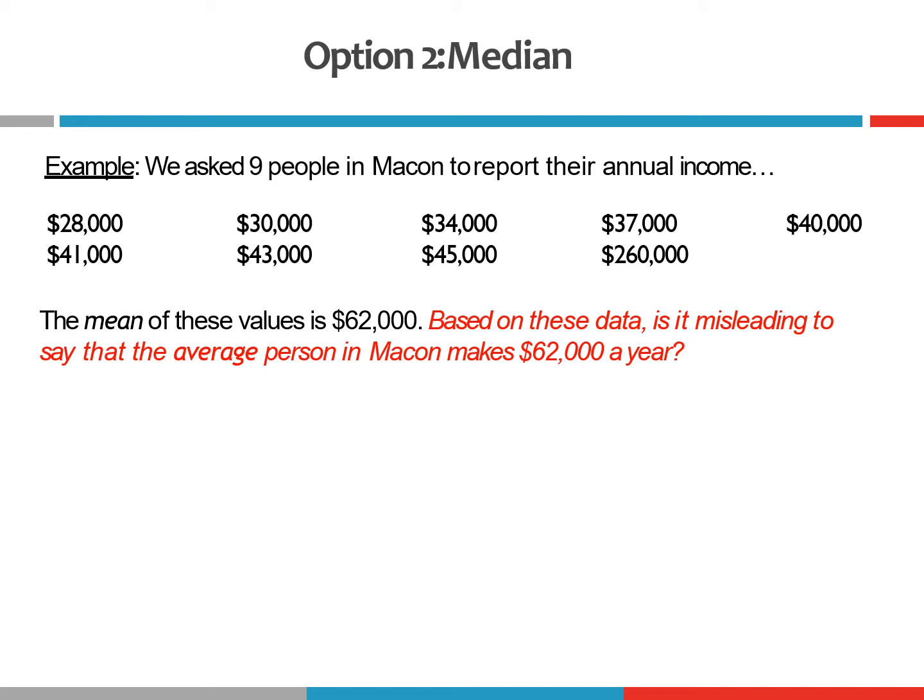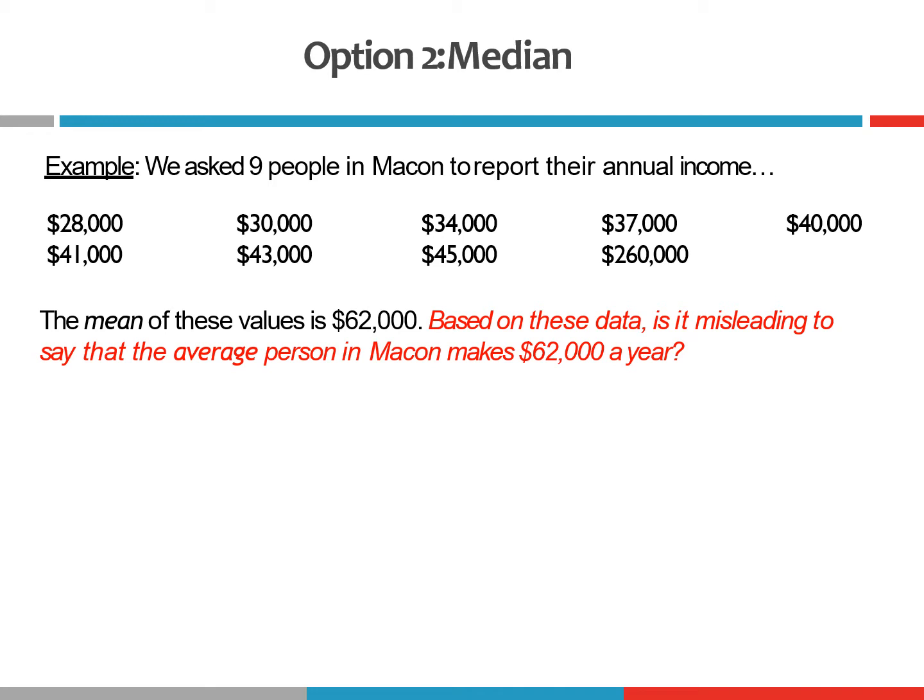So based on all of the data points in our distribution, do you think it is misleading to say that the average person in Macon makes $62,000 a year? And remember, our goal in calculating an average is to find the best possible value to summarize all of the data points in our distribution. So do you think $62,000 a year is a value that does that?